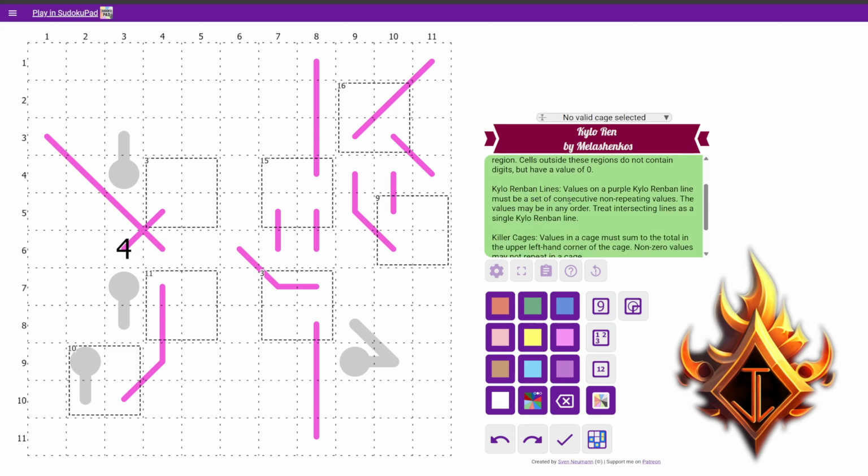Kylo Rinban lines, values on a purple Kylo Rinban line must be a set of consecutive non-repeating values. Note that says values, not digits. The values may be in any order. Treat intersecting lines as a single Kylo Rinban line.